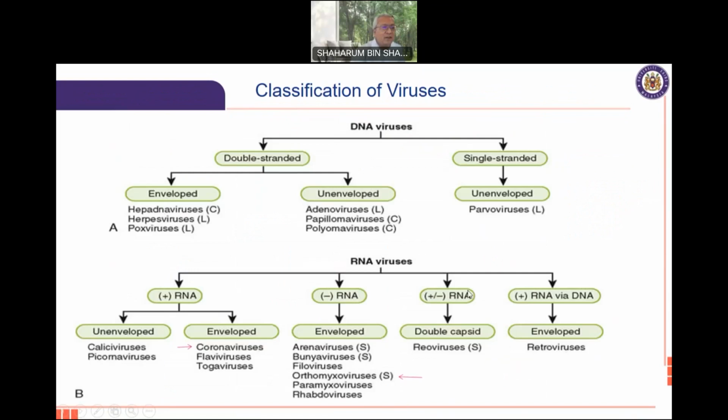Looking into the classification of viruses, just to show where this coronavirus is located in the world of viruses. Coronavirus is an RNA single-stranded positive-sense enveloped virus, which is next to orthomyxoviruses, the main genus of the influenza class. That's why some scientists call SARS-CoV basically a cousin of influenza.